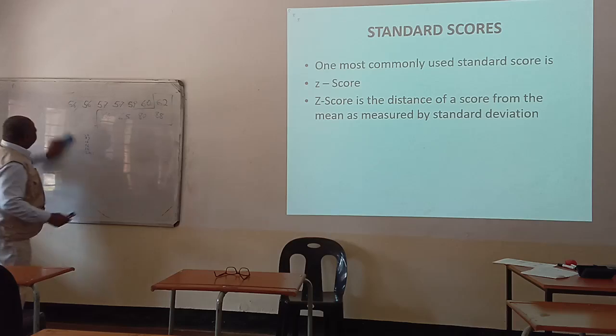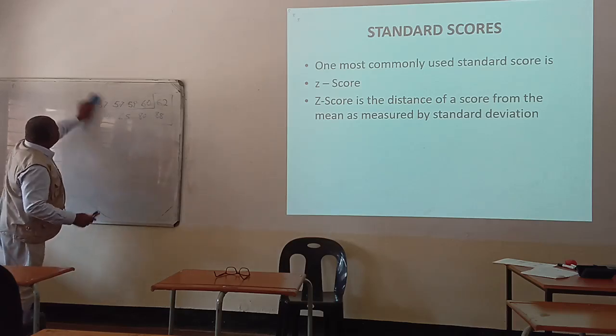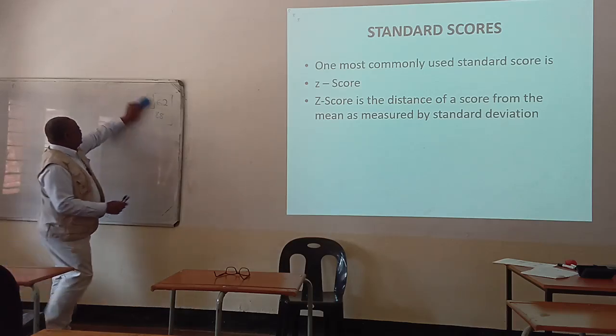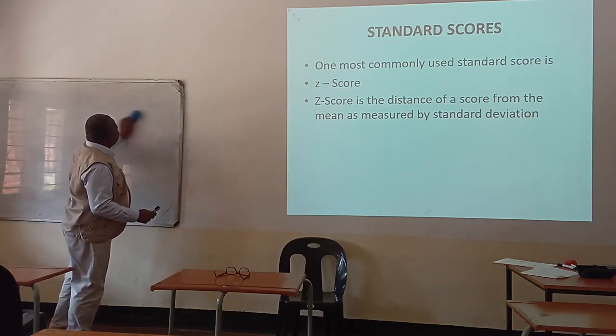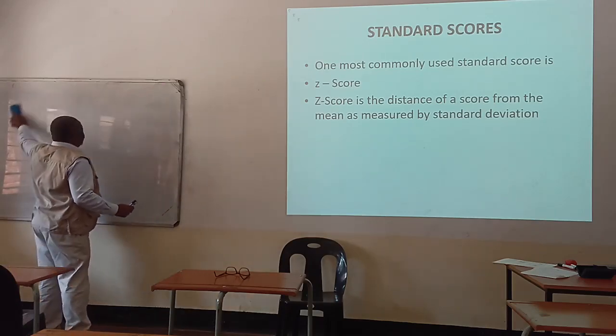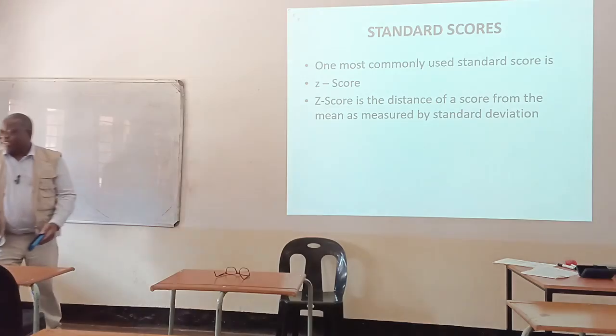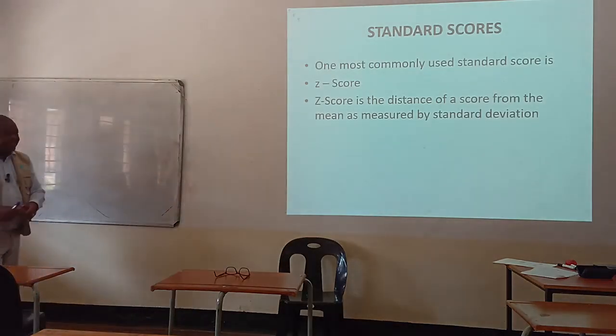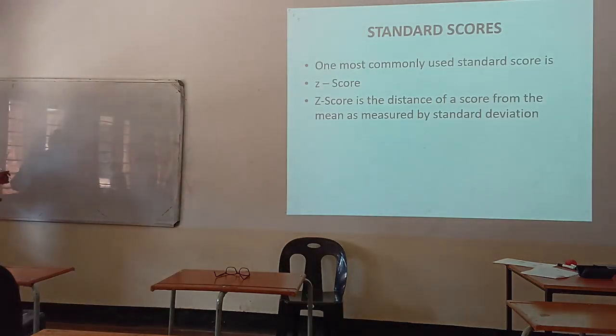By the way, the mean and the standard deviation are statistical indices which you use in a lot of cases. So a standard score is equal to the score minus the mean, measured by the standard deviation. That's what we call a z-score.